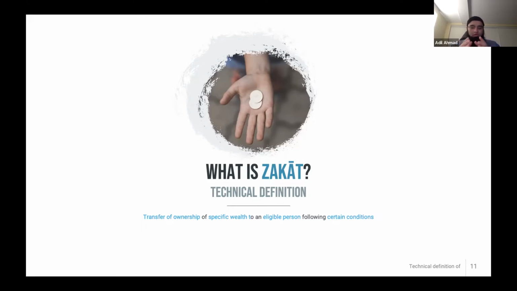And this also is a separate entire discussion. Not anyone can just receive zakat. It must be a person whom Sharia has deemed eligible. Who Sharia deems eligible might be different than our understanding of who is eligible. But this is a command of Allah, and the eligible person for zakat is established by Allah and His Rasul.